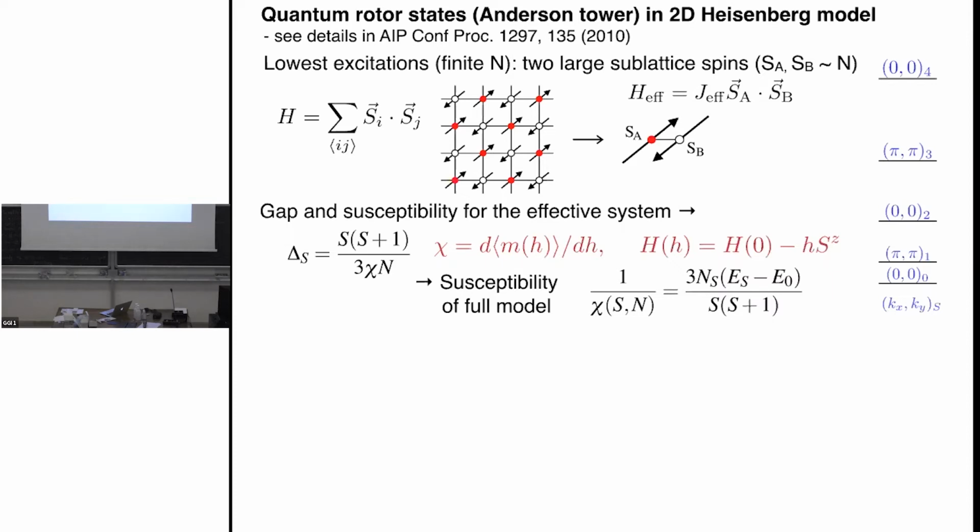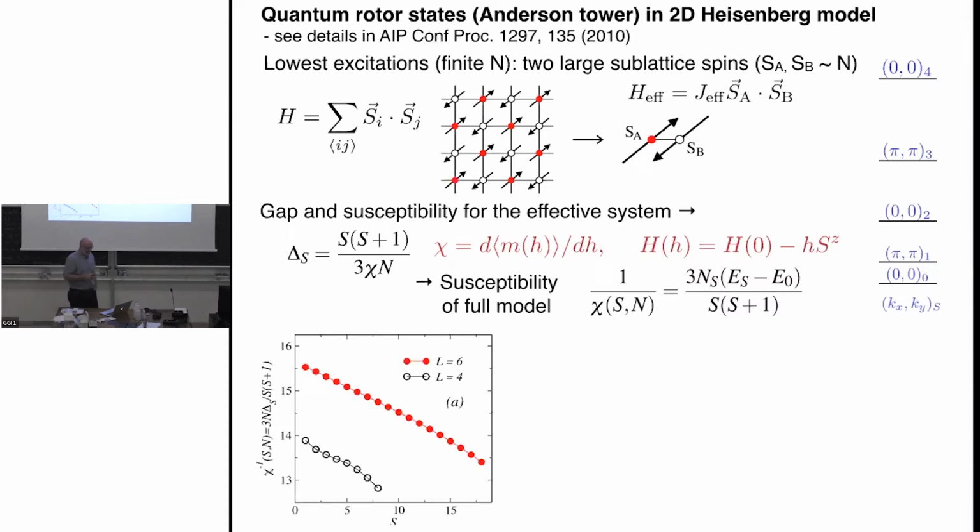So for each system size N, and each S in principle, but you should probably look at as small S as possible. Here I show what momenta you have there as well. It's not so important. So here's an example of that.